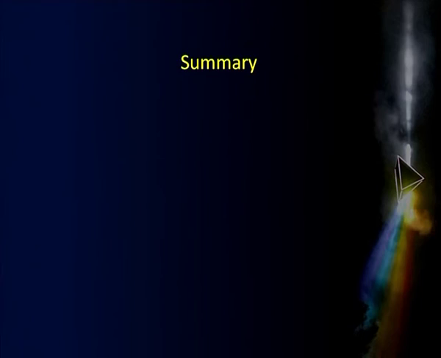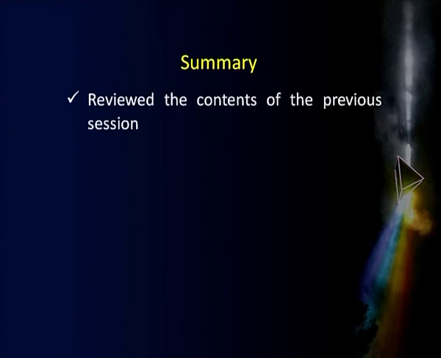Having discussed rotational Raman spectrum and vibrational Raman spectrum in reasonable detail, let us sum up what we did today. We reviewed the contents of the previous session, where we recalled what we did earlier.